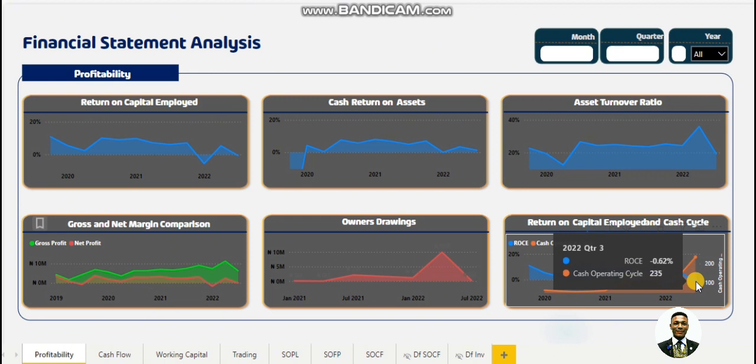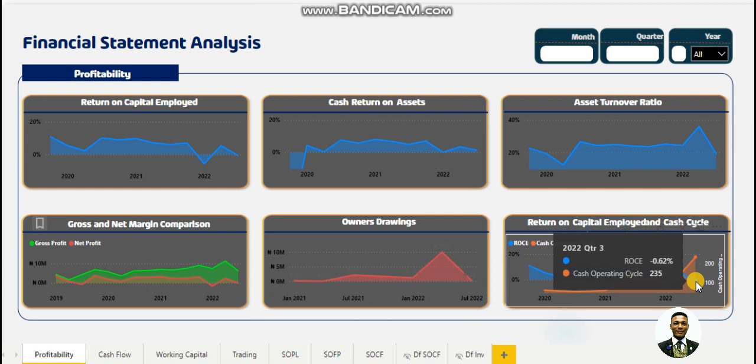So we can rightly conclude that the management has not really been efficient in the way it has managed the cash position of the business, its cash cycle. How it has managed that is not really encouraging, and that has resulted in the continuous decline over the years, even with the fact that the company has been able to generate a steady amount of revenue as a proportion of its assets invested.